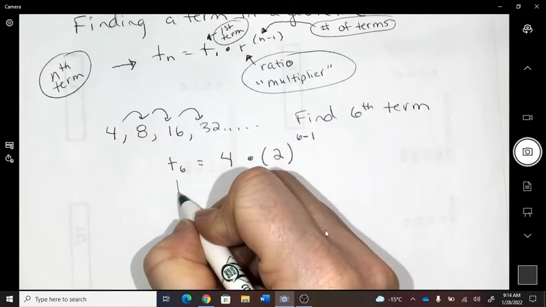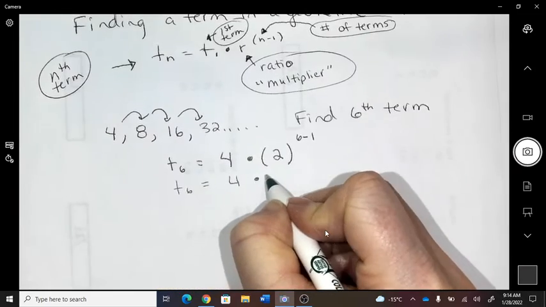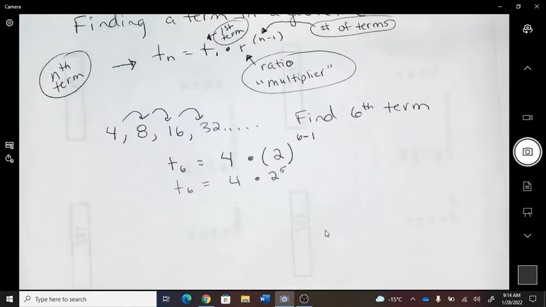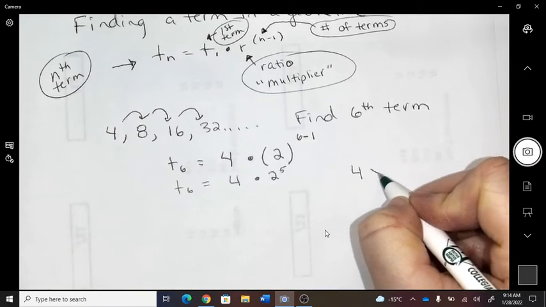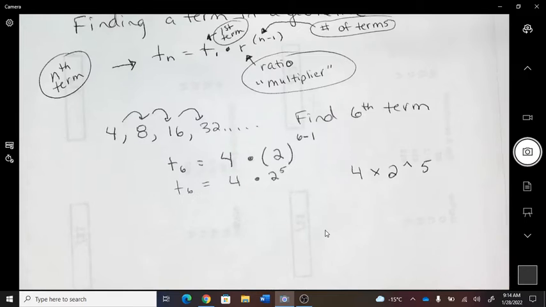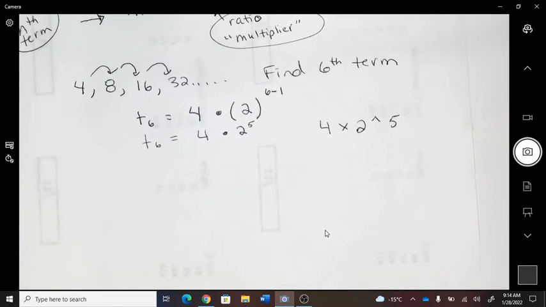Okay, I would probably recommend changing that exponent first. Okay, and at this point you can go into your calculator and it will do the order of operations for you, because that times 4, but the calculator would do that order for you.